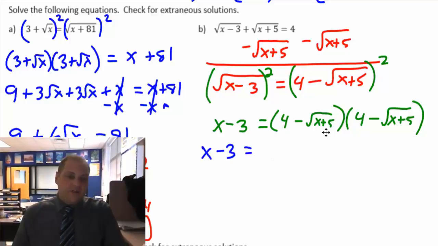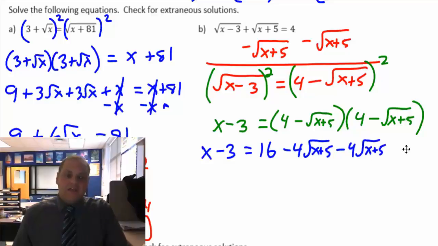You got to distribute this out. 4 times 4 is 16. 4 times negative radical x plus 5 is negative 4 radical x plus 5. And then inside here, these two here, it's another negative 4 radical x plus 5. And then plus radical x plus 5 times radical x plus 5 is just x plus 5.